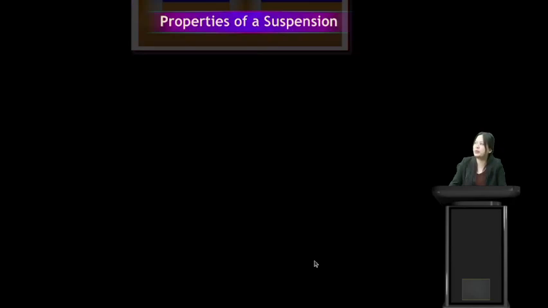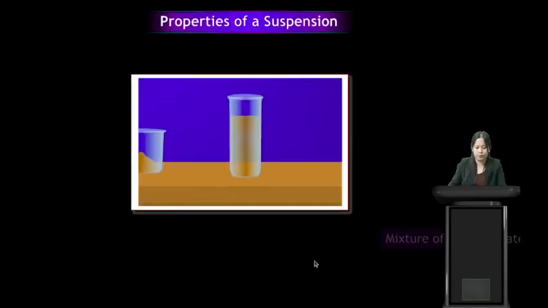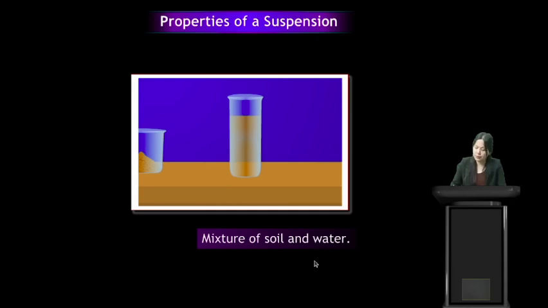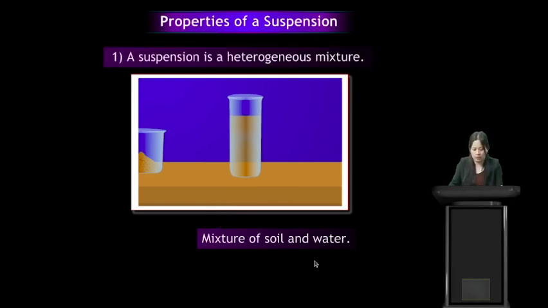So let us see the properties of a suspension. Taking the example of a mixture of soil and water, this is an example of suspension. So keeping this example in mind, let us discuss the properties of a suspension. The first point is a suspension is a heterogeneous mixture.